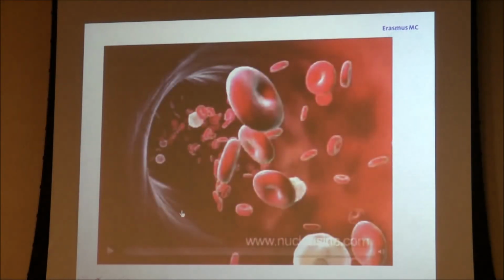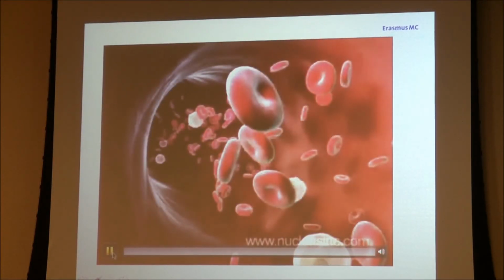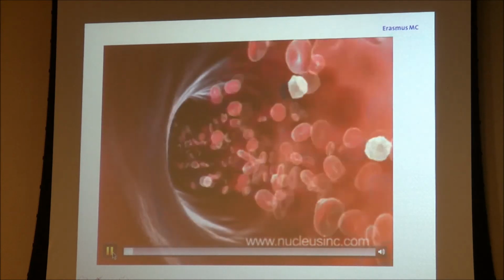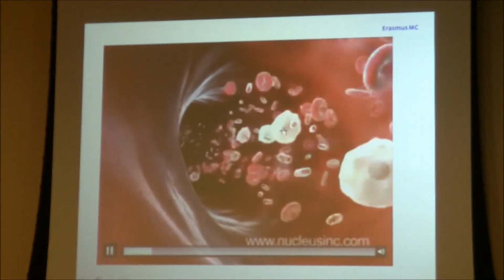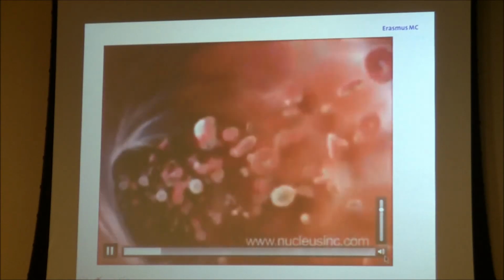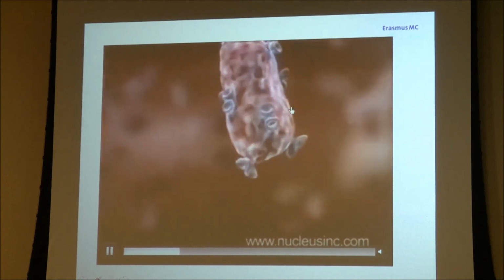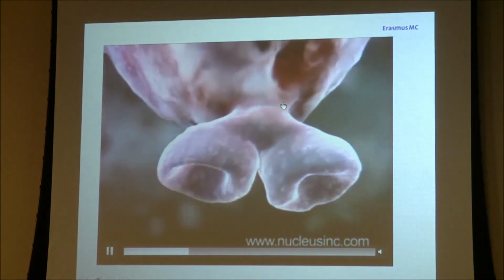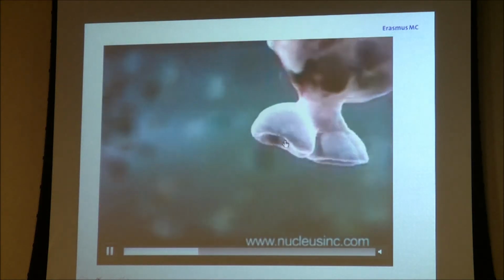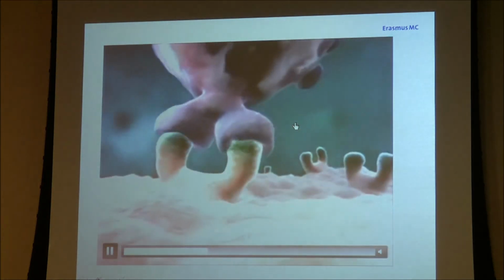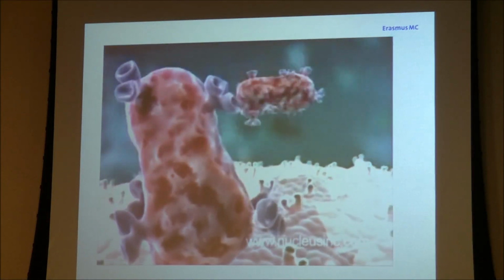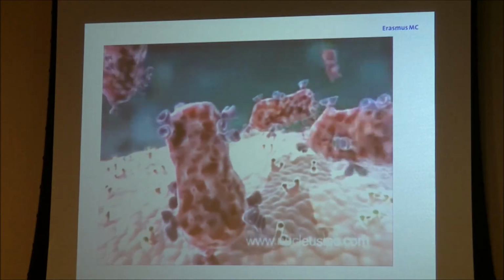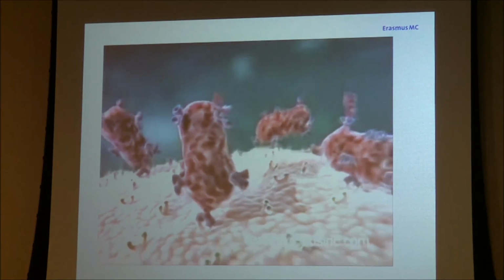So how does it work? I have another short movie. This is the bloodstream, and you see millions of cells, red blood cells, bacteria, white blood cells, all kinds of cells running through our veins and arteries. And this is a bacterium, and on the outside of the bacteria you have a certain bacteria-specific structure. Macrophages can, for instance, recognize bacteria because of the outer structure of these bacteria.